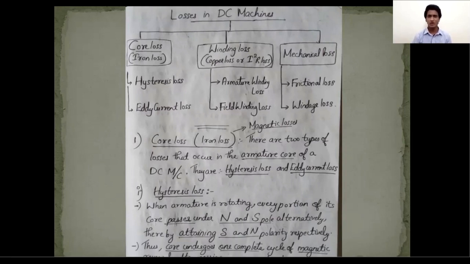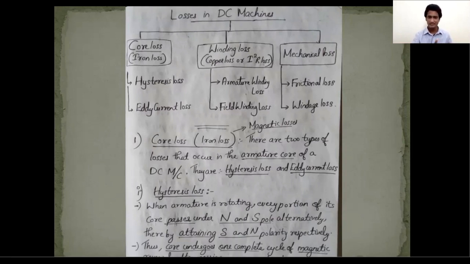Now let us look at what happens when there is a magnetic reversal in the armature core. Before that, every magnetic material has a basic component called magnetic domains. Normally, these magnetic domains are randomly arranged, and when we apply a magnetic field to the magnetic material, these domains get aligned along the direction of the magnetic field.